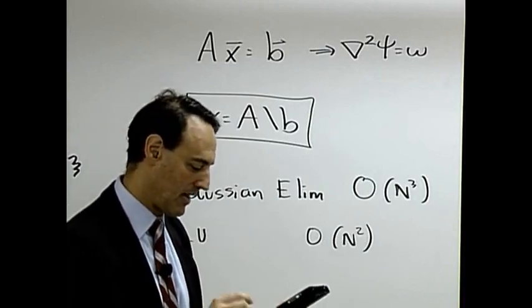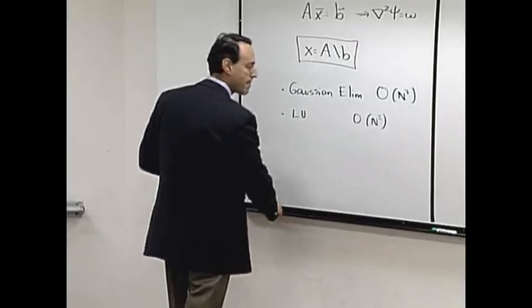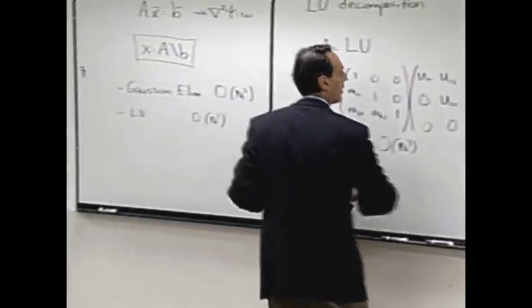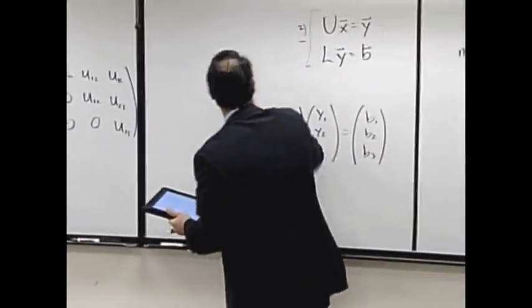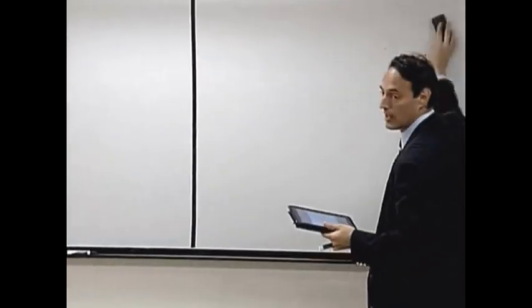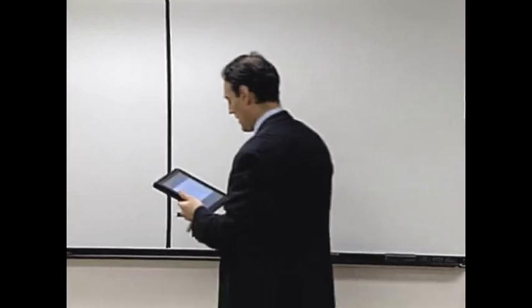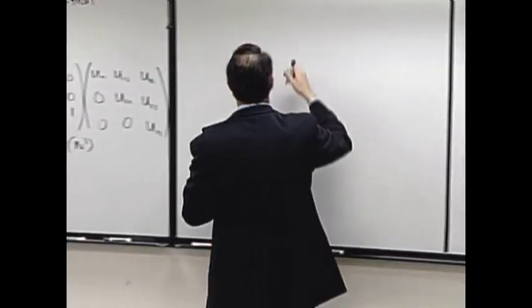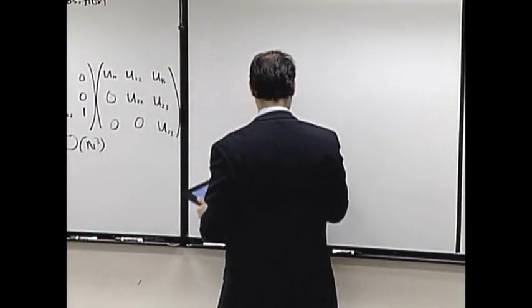So let's talk about how to get an LU matrix. I'll come up with an example, show you how it works. You can do LU in a lot of different ways, actually, so it's not a unique LU.